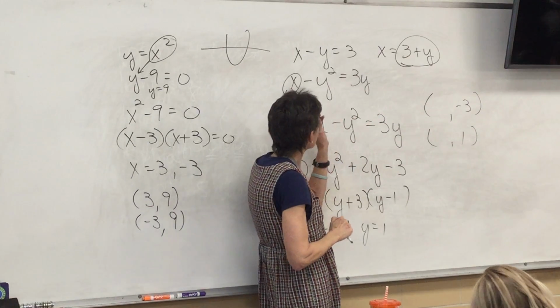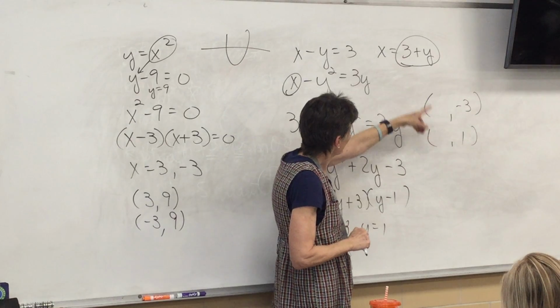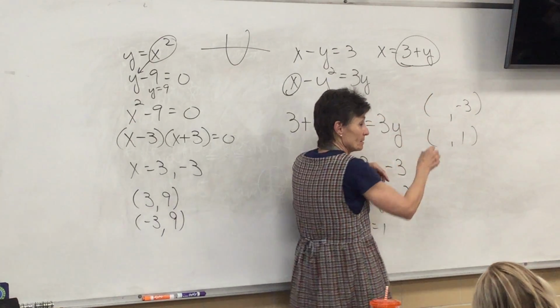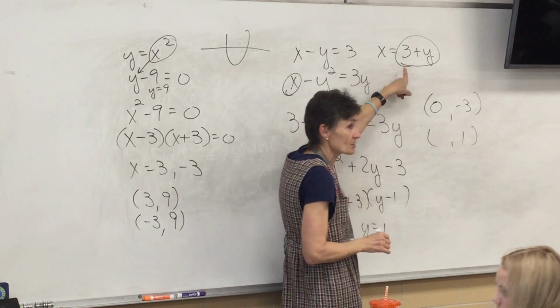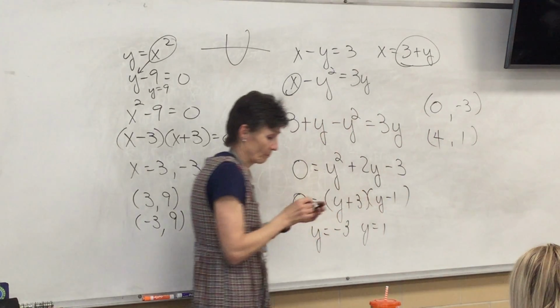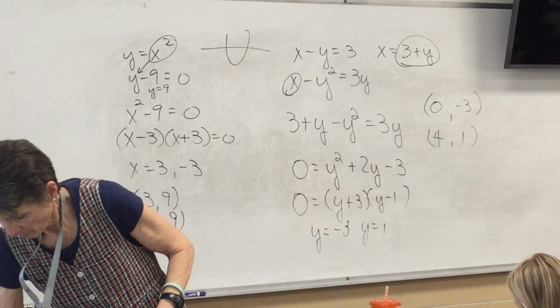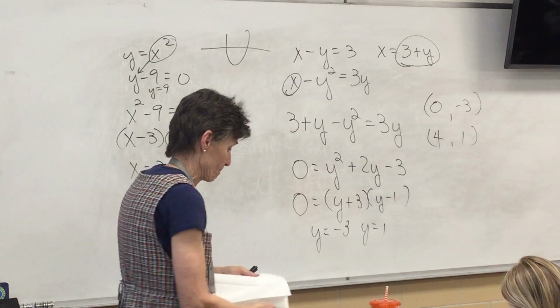It'd probably be easiest to plug in y right here. So if I put in negative 3 for y, x turns out to be 0. And if I put in 1 for y, x turns out to be 4. Anybody have a question about that before I erase it?